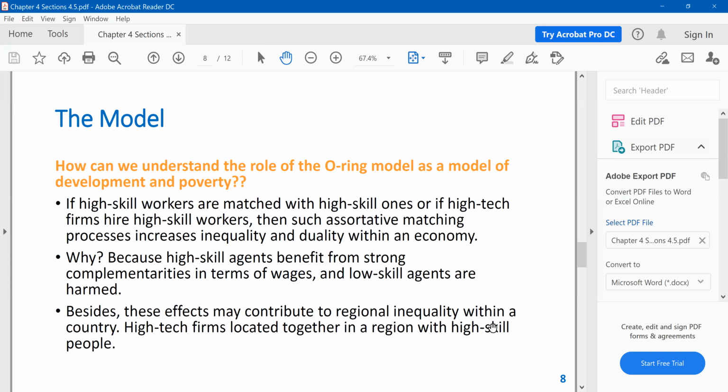When I say allocation of resources, I don't just mean the allocation of workers.